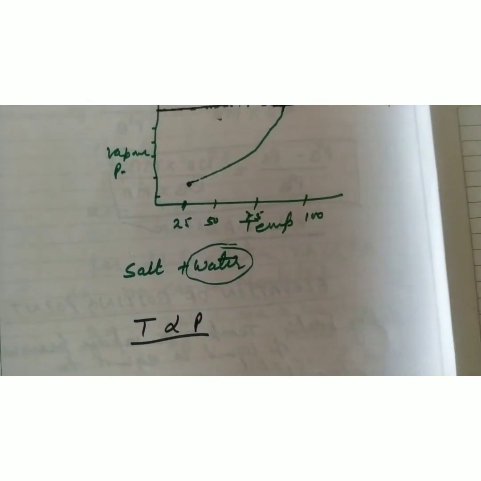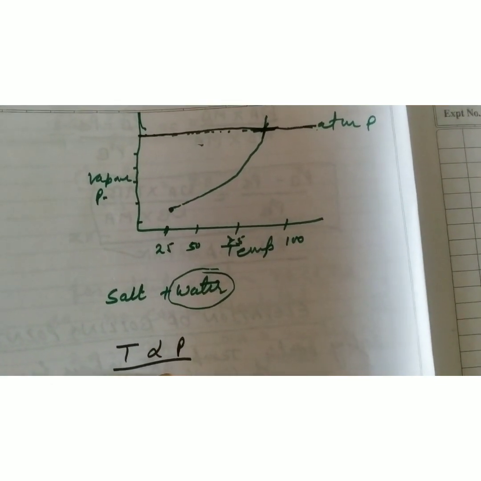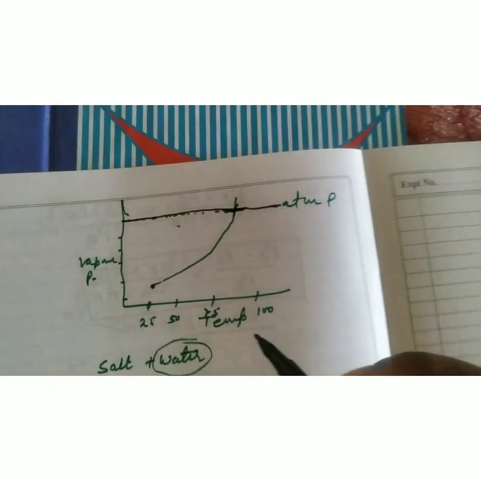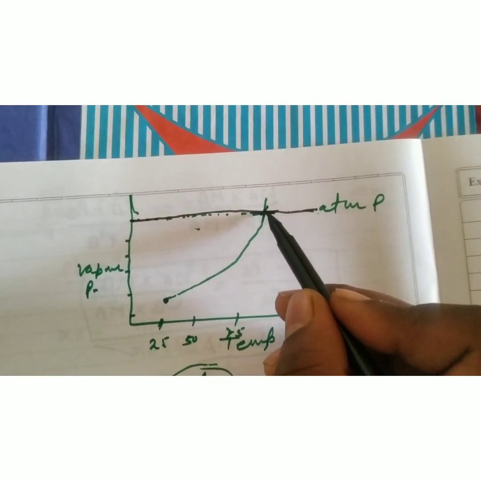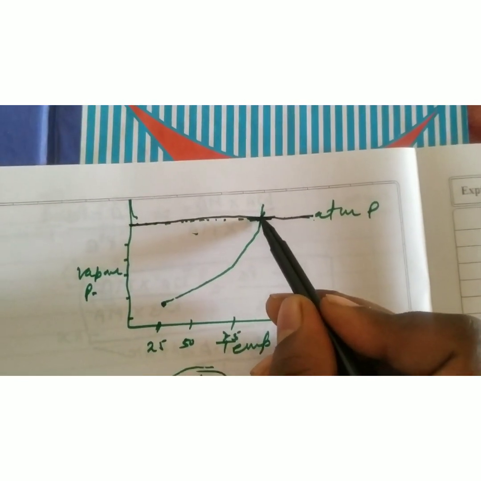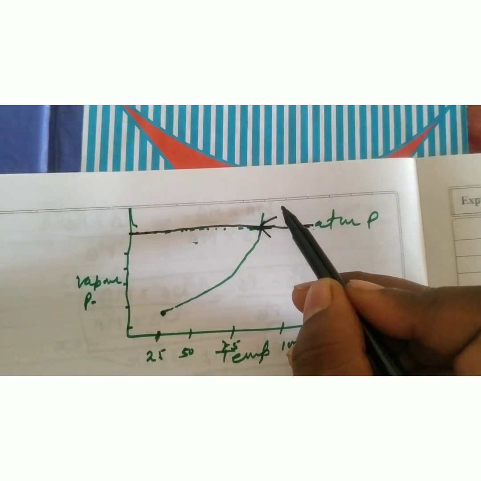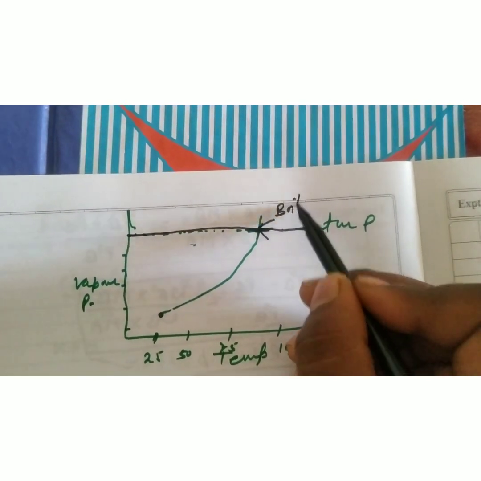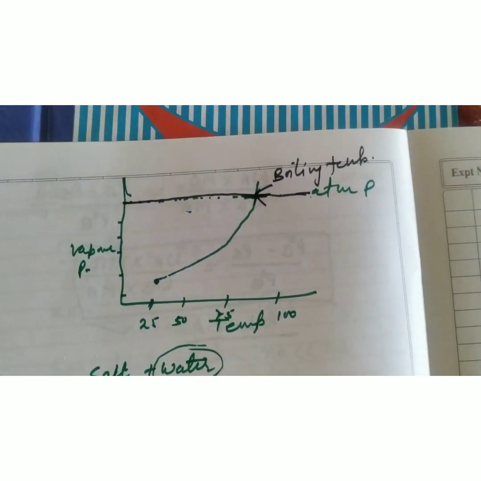Clear? So as the temperature increases, pressure also increases, and the point at which the vapor pressure of water equals atmospheric pressure, this temperature is known as the boiling temperature of water. Clear?